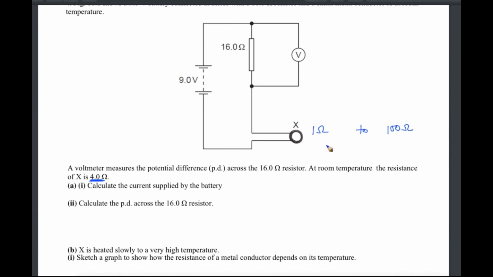So on the basis of that we can figure out the range. So if it's 1 ohm, then the total resistance would be 17 ohm, and then the current would be 9 divided by 17.